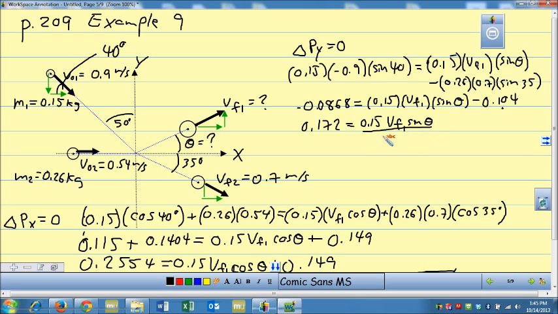So if we divide both sides by 0.15, we get 0.115 equals VF sine theta.